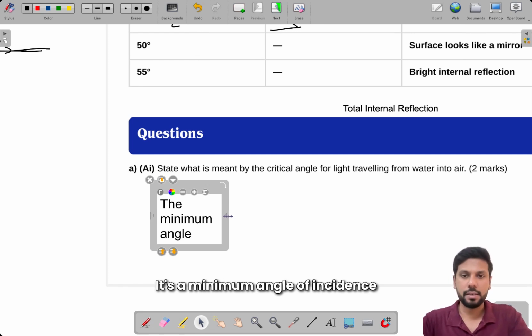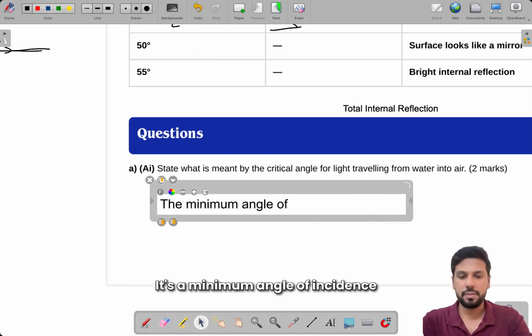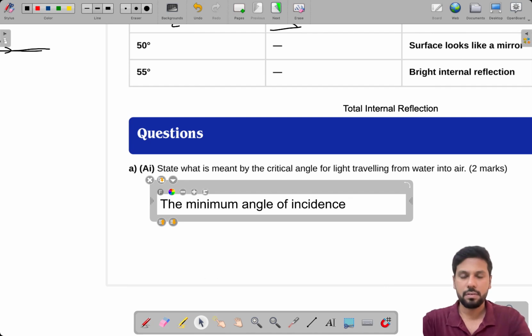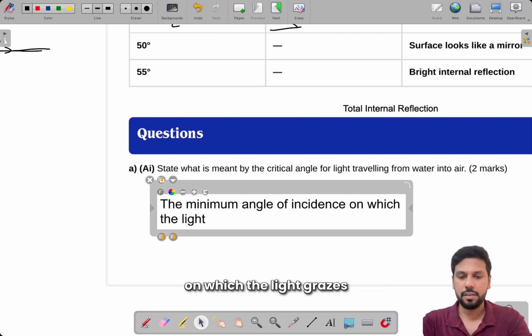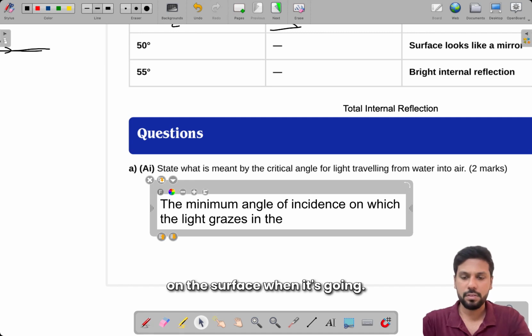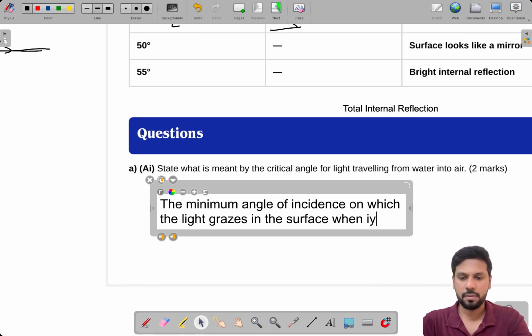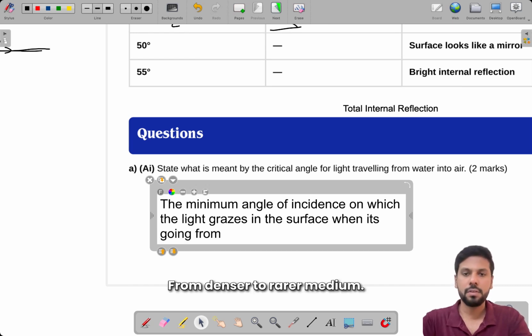of incidence at which the light grazes the surface when it is going from a denser to a rarer medium.